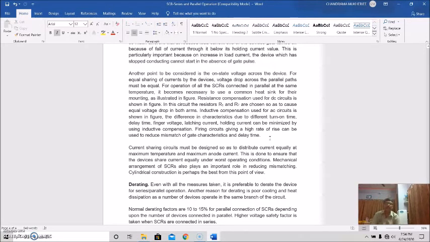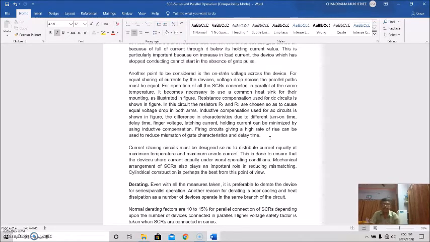The firing circuits, giving a high rate of rise, can be used basically to reduce mismatch of gate characteristics and delay time. And the current sharing circuit must be designed so as to distribute current equally at maximum temperature and maximum anode current. This is done to ensure that the devices share current equally under worst operating conditions.